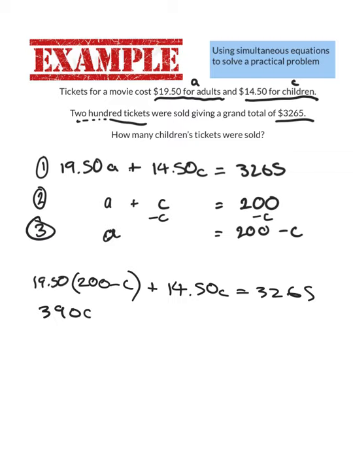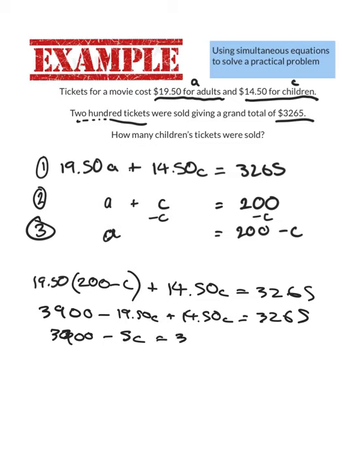That then equals 3,900 minus 19.50 C plus 14.5 C equals 3265. Simplify again, we get 3,900 minus 5C, right? Negative 19.50 plus 14.50 is negative 5C, equals 3265.